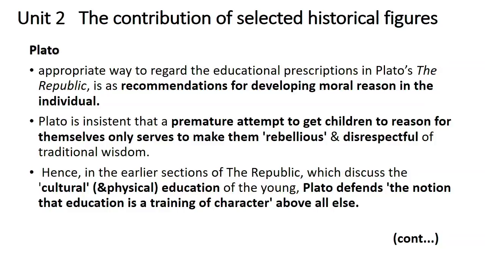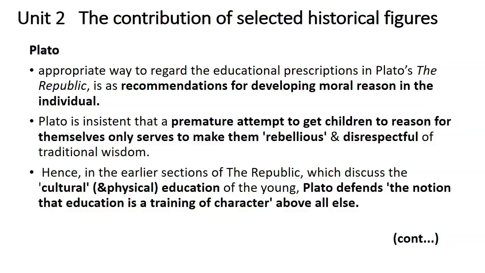This brings us to Unit 2, which is titled The Contribution of Selected Historical Figures. The first historical figure that I would like to focus on is Plato. An appropriate way to regard his educational prescriptions in his book The Republic is as recommendations for developing moral reason in the individual.